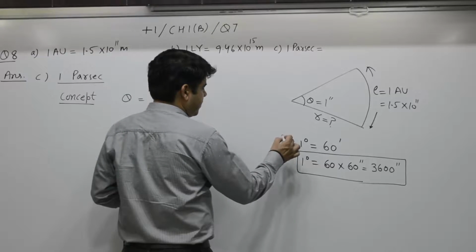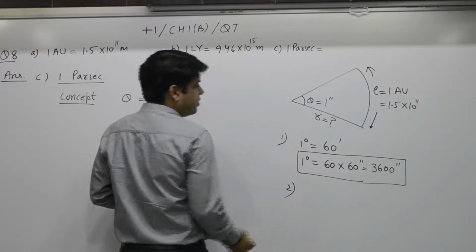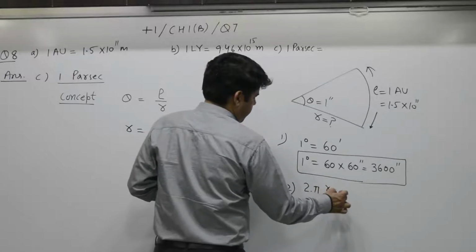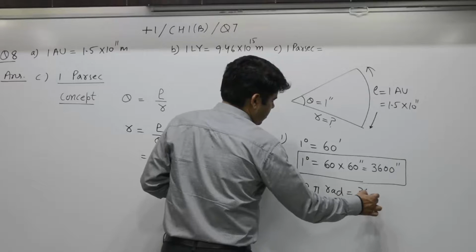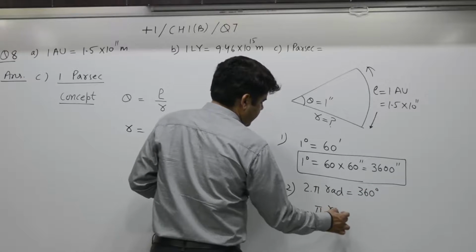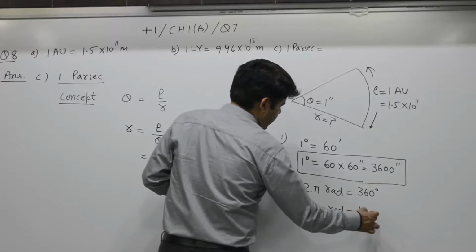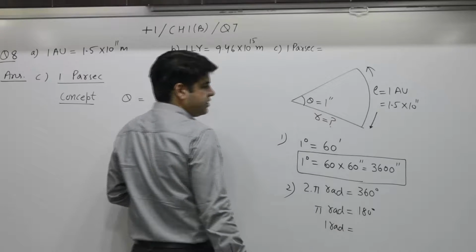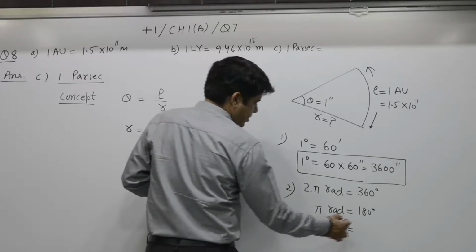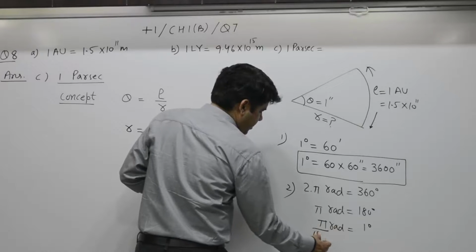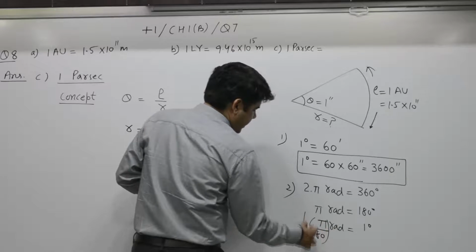This is one concept required. 2 pi radian is equal to 360 degree. Pi radian is equal to 180 degree, or 1 degree is equal to pi by 180 radian.